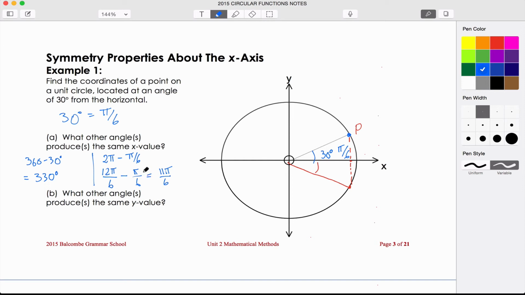Let's look at the y value. What other angles produce the same y value?